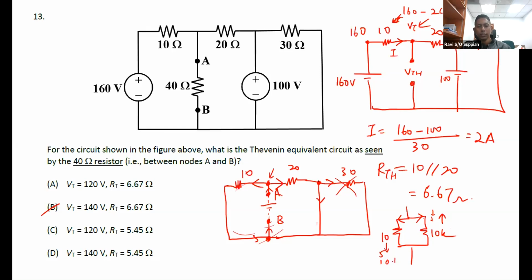Since the short circuit is the least resistance, at this node here, all the current will take the short circuit path and go back to the source here, and no current will flow in the 30 ohm. So that is why you can omit the 30 ohm in the calculation.